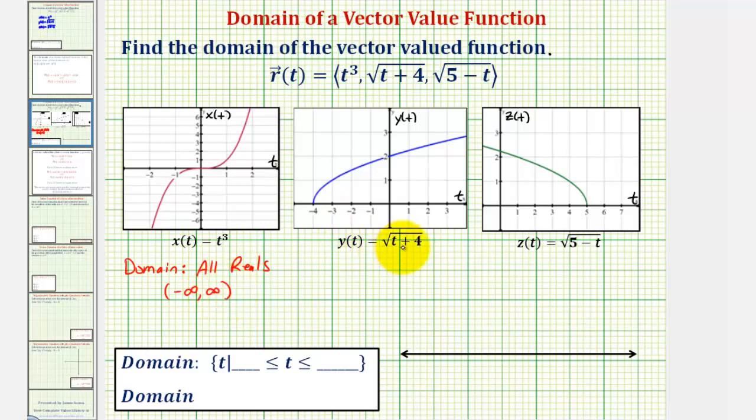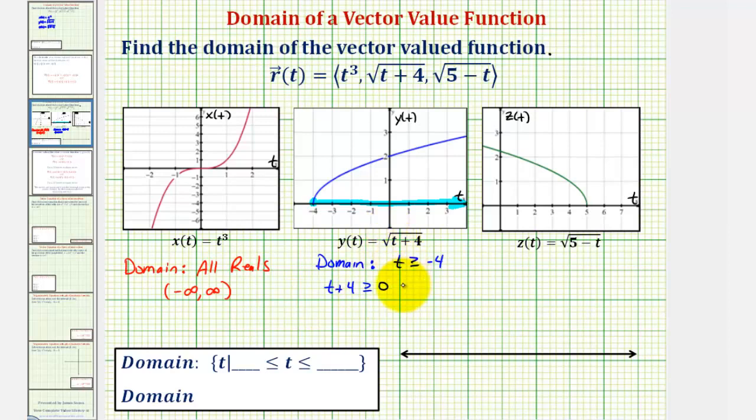Looking at the graph of y of t, notice how the possible values of t would be all the values of t that are greater than or equal to negative 4. So the domain of y of t, again, is t greater than or equal to negative 4. If we wanted to solve this algebraically without a graph, we'd have to recognize that the quantity t plus 4 can't be negative, which means it'd have to be greater than or equal to 0.